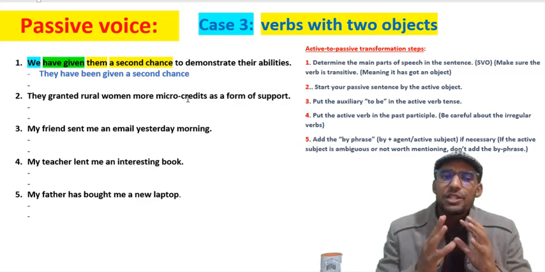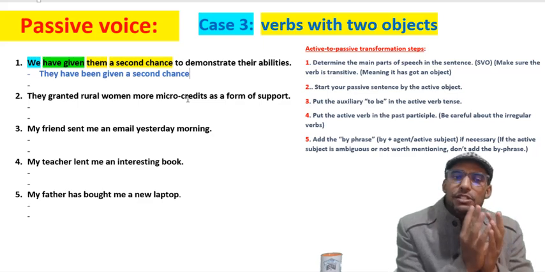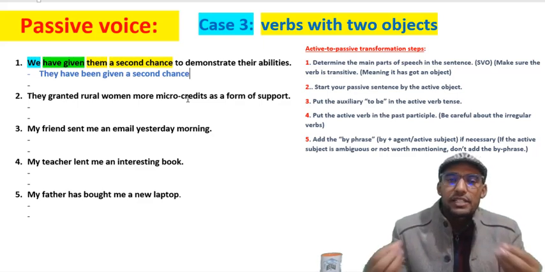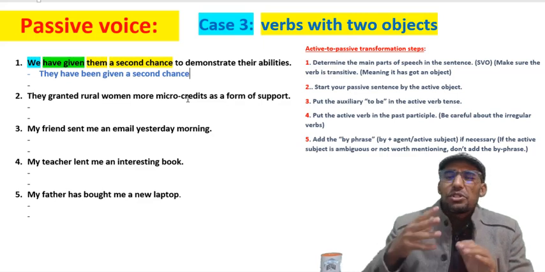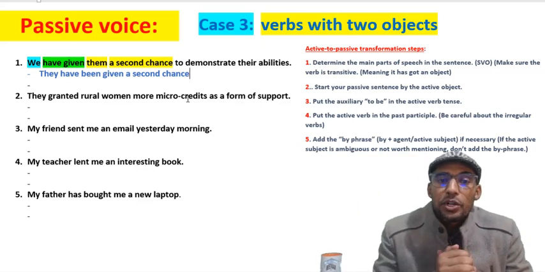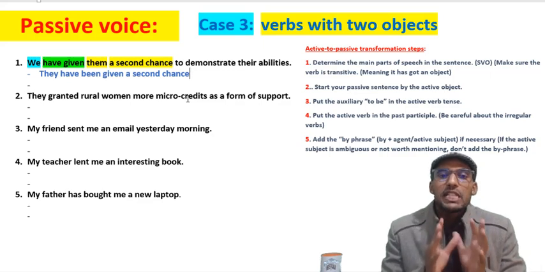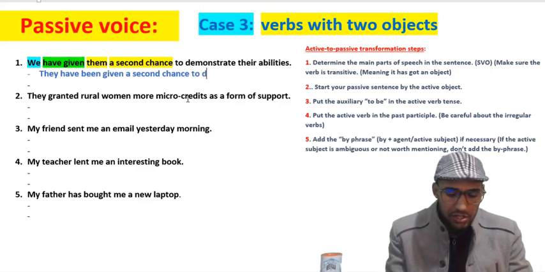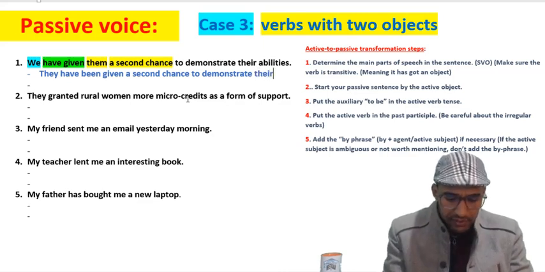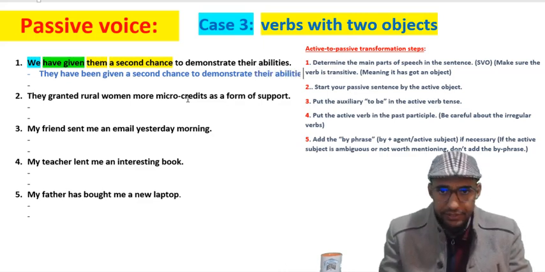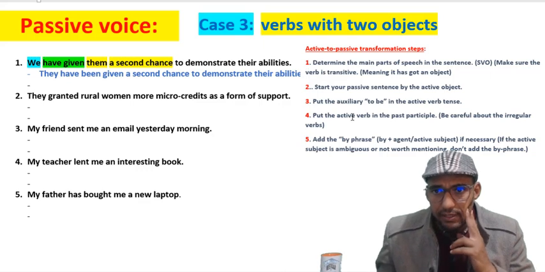As we said, when the subject is not clear, well defined or specified, there is no need to add the by-phrase. So we say they have been given a second chance, and then we continue our statement to demonstrate their abilities. Full stop.